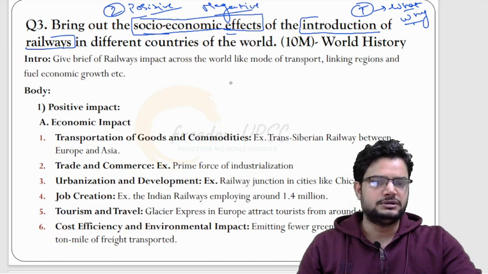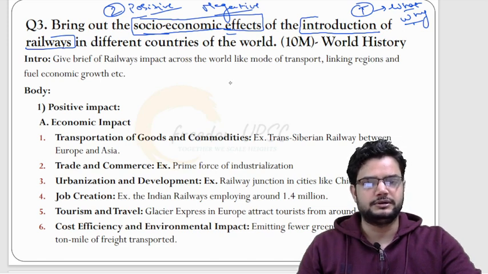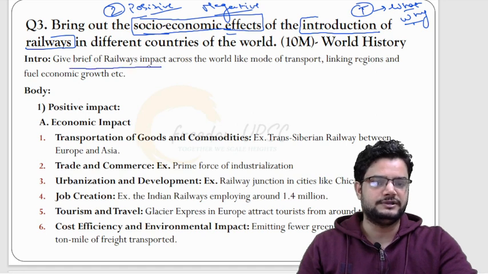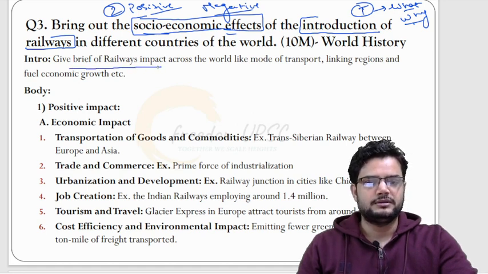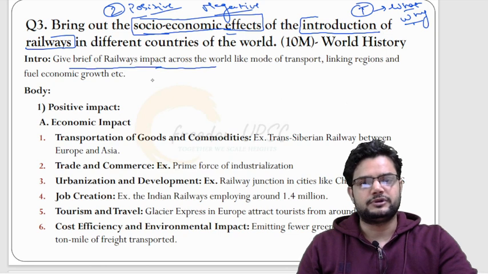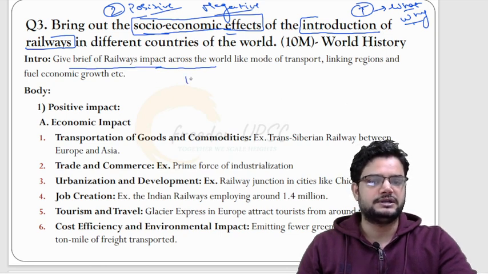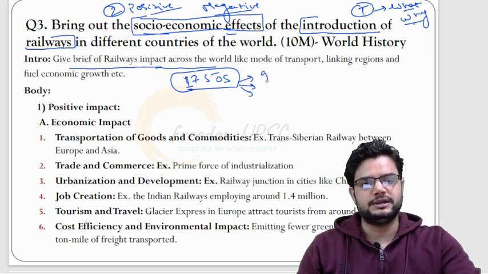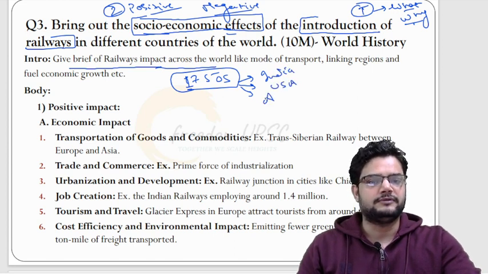Now coming to the introduction. So what would be the introduction? In the introduction you just have to give a brief of railways' impact across the world. So for instance, railway was introduced in the 17th century, like in the 1750s. Then slowly it was in future introduced in India, for instance, then USA, then Africa, in various countries across the world.